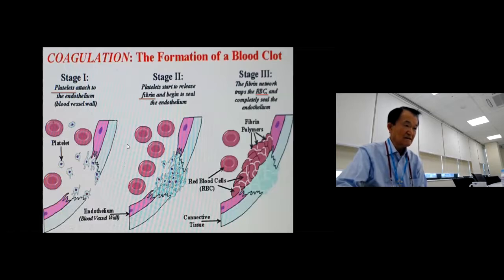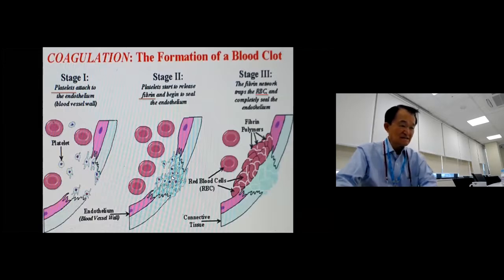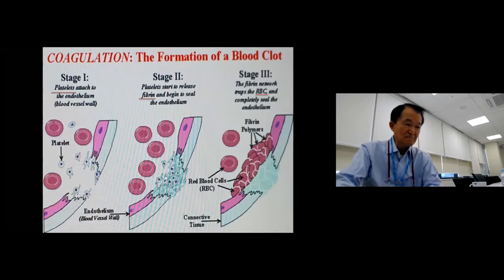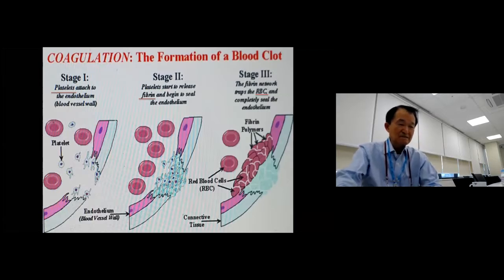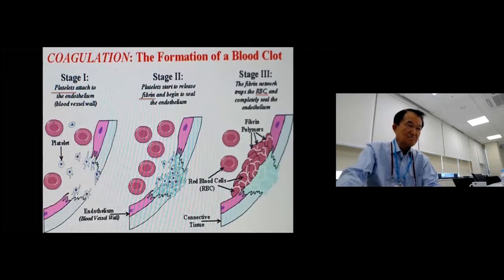And then fibrin is released from the platelets. The endothelium was initially damaged, making a kind of hole, but the fibrin sealed the damaged endothelium. And then a red cell attaches and makes a polymer-type mass or nodule, and that is the process of coagulation.